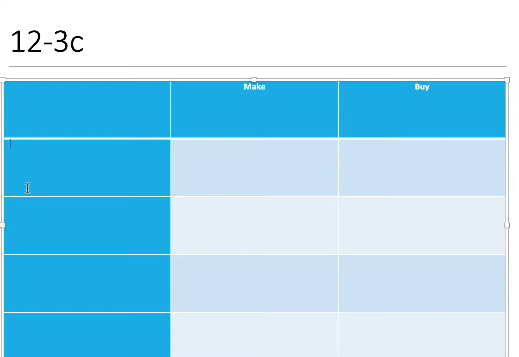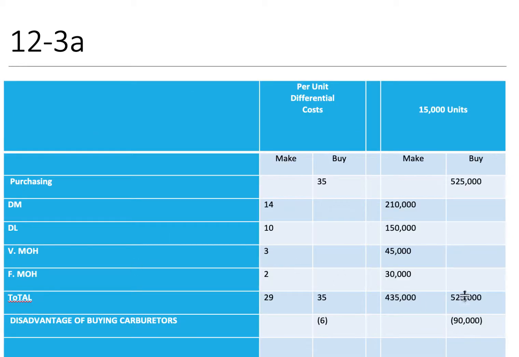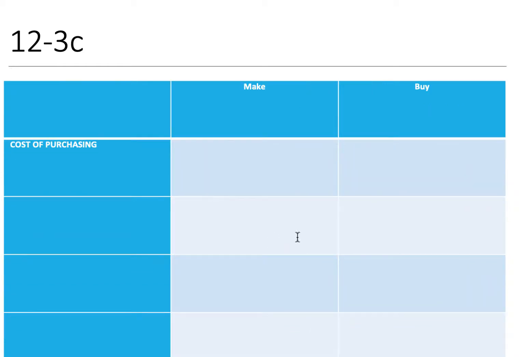So let's determine, should we make or should we buy under this new assumption? Well, the cost of purchasing we already calculated is $525,000. In fact, the problem told us that. The cost of making, we already figured that out too.